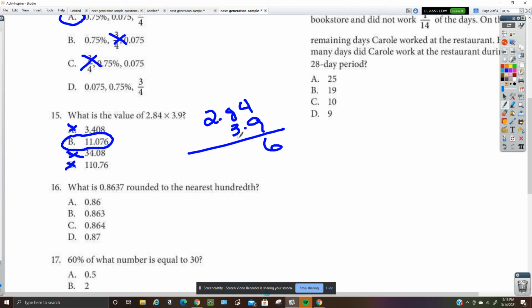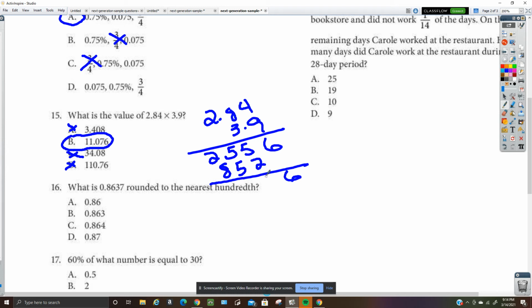So 6 carry 3, 75 carry 7, 18 and 7 is 25. And then 12 carry 1, 25 carry 2, 8.